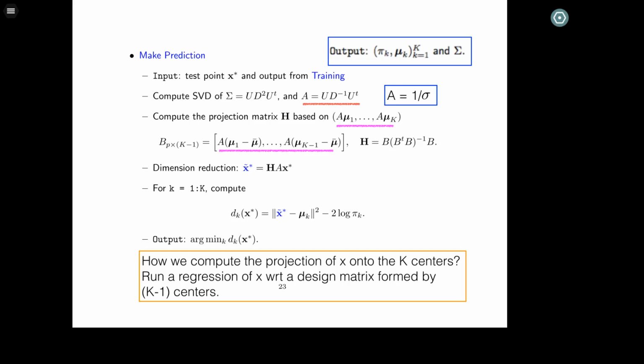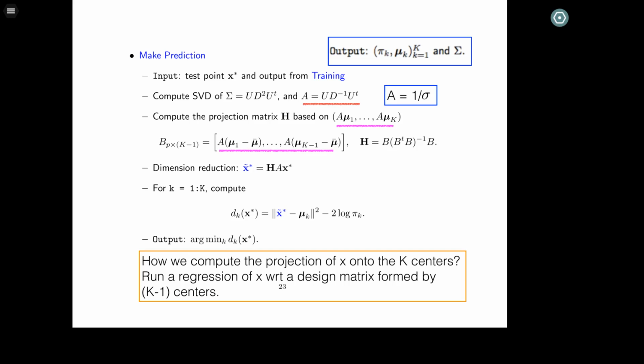I give a more detailed expression for this reduced rank LDA in the notes. Here, I just want to give you a rough idea of how to operate it, and you don't need to follow all the details of this matrix calculation.